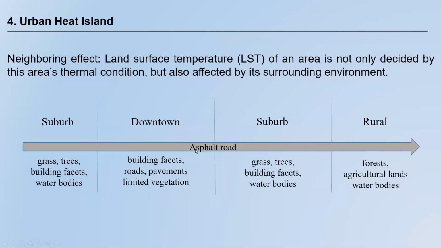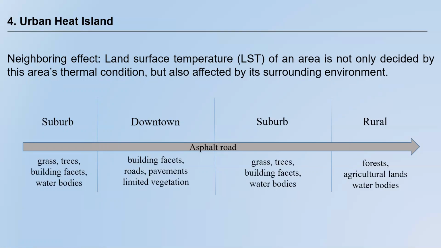So I'm going to ask you, in the real world, do you think this asphalt road will have the same land surface temperature from suburb to downtown to suburb to rural? I don't think so, because I would assume that in the suburb and rural areas, this road has lower LST than this road in the downtown area, because its surrounding environment changes from one section of the city to another.